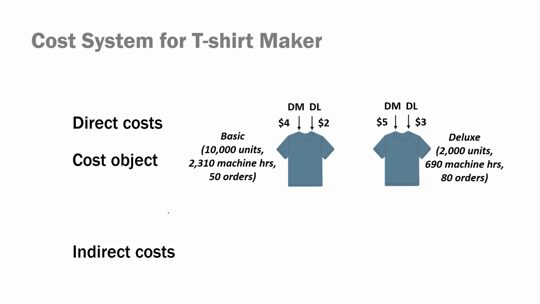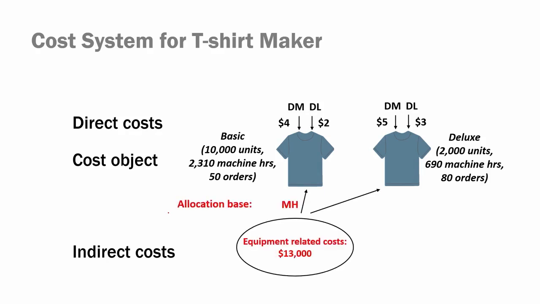Now, activities driven by running the equipment would include things like operating the equipment itself, using the electricity, maintaining the equipment, and things like that. So we group the cost related to all those things into one cost pool. Now let's just say that they totaled to $13,000. And we use machine hours because it seems like the cost driver here as an allocation base to allocate that cost pool.